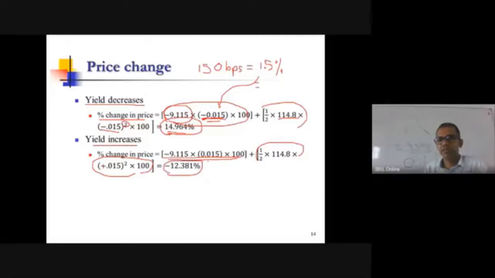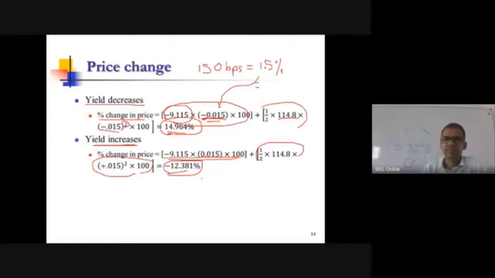But this negative part is much higher than this positive part, so you get a negative figure. It's obvious. Since yield increases, price should decrease. So that's why you get a negative answer. When yield increases, price decreases by 12.38%.